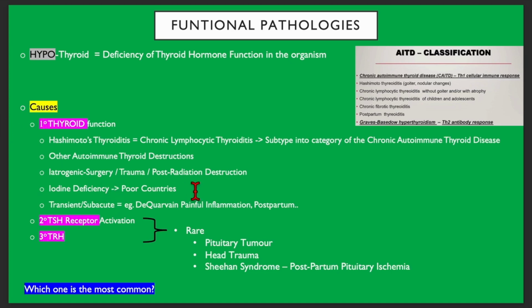Yeah, maybe. It is the most common worldwide because we have a lot of poor countries. So in poor countries, or in general in the world, we have iodine deficiency. That's the most common. But in developed countries, the most common is Hashimoto. So you should know that the problem of the developed countries is autoimmunity.